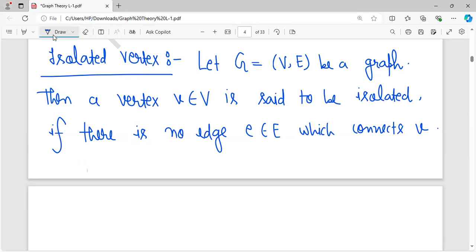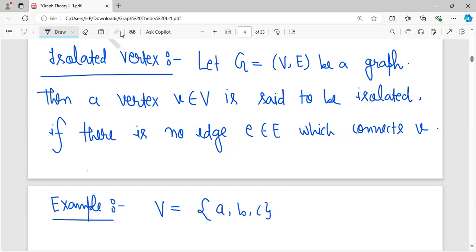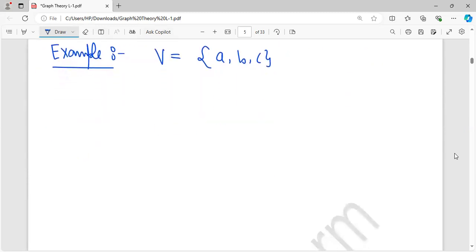For example, you see this. Take V is equal to A, B, C, and you take edges E is equal to AB.